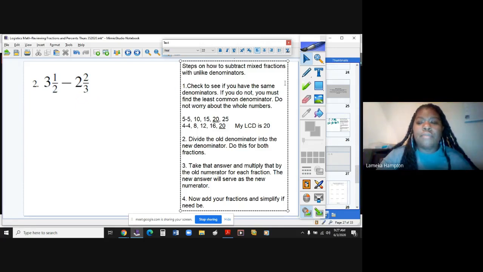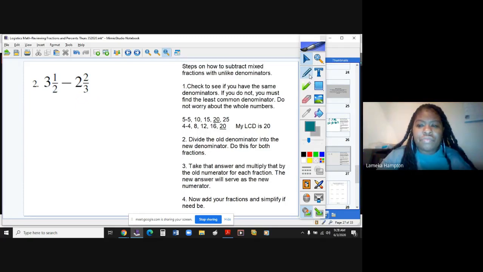So I'm not going to mess with my whole numbers right now, and I'm going to write this a little differently. The way this is written, it is written horizontally, going from left to right. I am going to write this problem by stacking the fractions on top of each other, or vertically. And there's a reason for that.